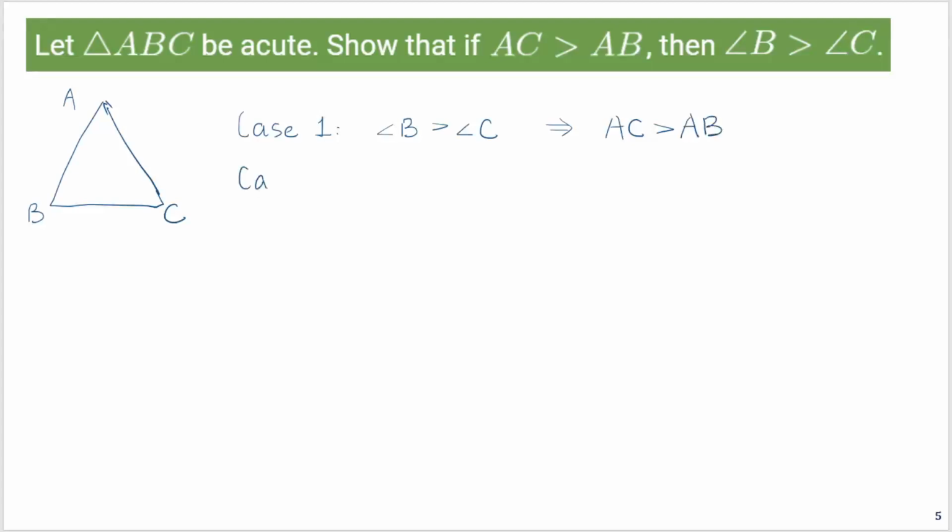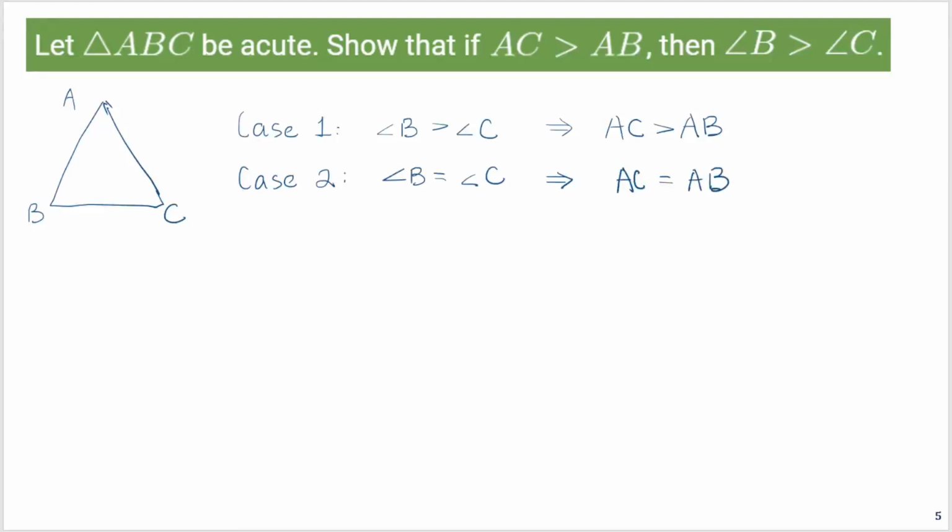Of course, there is a second case possible, which is angle B equals angle C. This is also possible in an acute triangle, right? And in this case, we have already learned that if angle B equals angle C, then AC must equal AB.